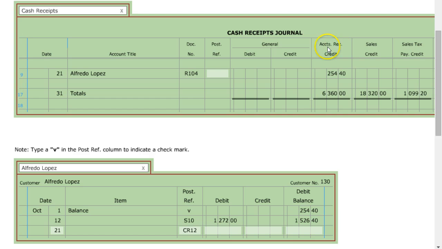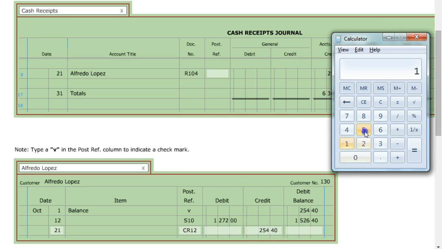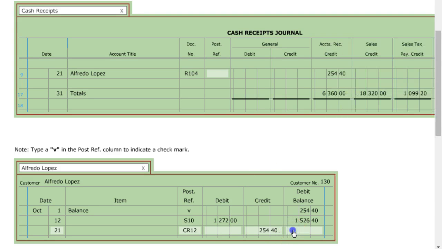That's in the accounts receivable credit column. So we'll put down 254.40. We have a debit balance, but we're crediting it. So that means we're going to take 1526.40 and subtract 254.40, and we get 1272. I'm just going to put that number here, and then we put the account number 130.